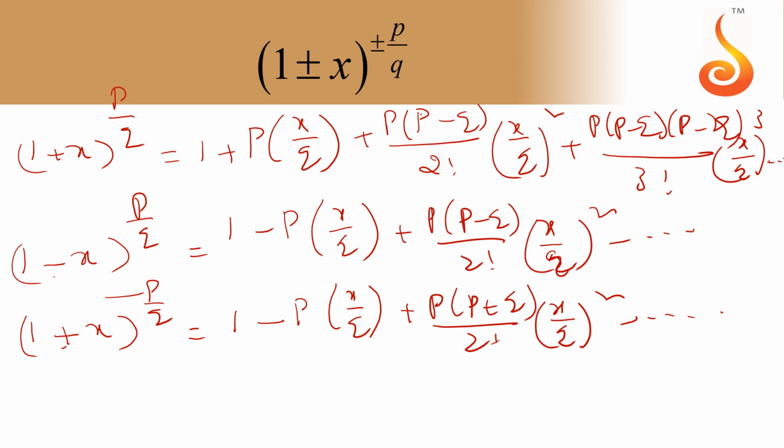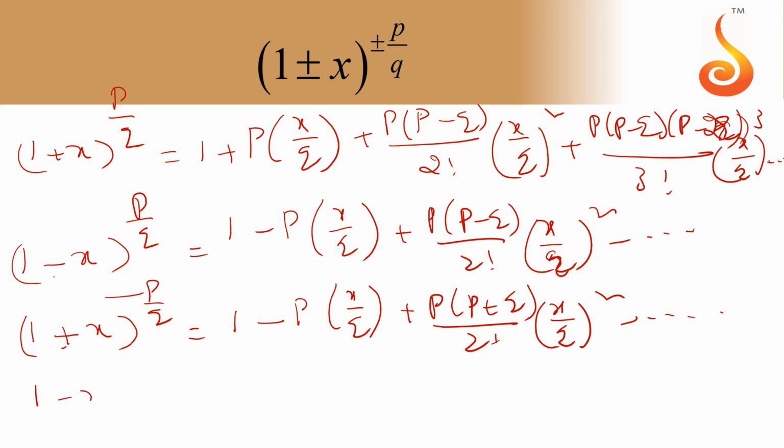The terms are products in AP: p minus q, p minus 2q, like that. Here it will be p plus q, like that, means an increasing AP, whereas the decreasing AP is here. Whenever you have a positive fraction power, it will be a decreasing AP. When the power is a negative fraction, it will be an increasing AP.